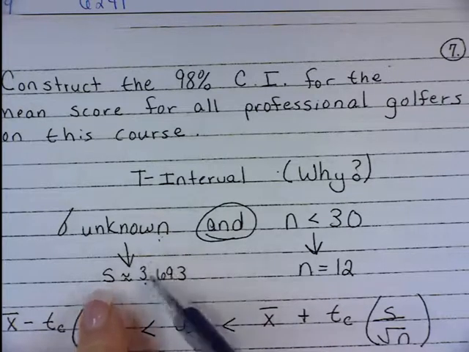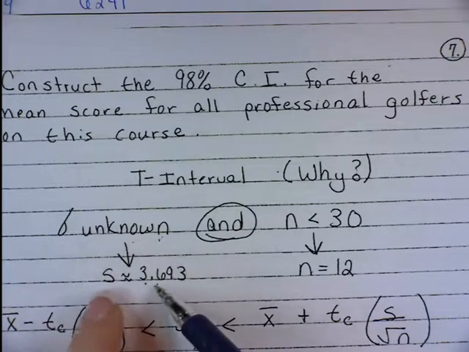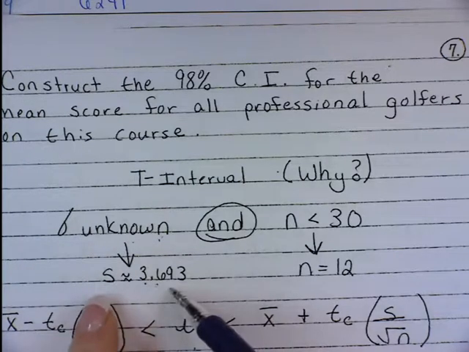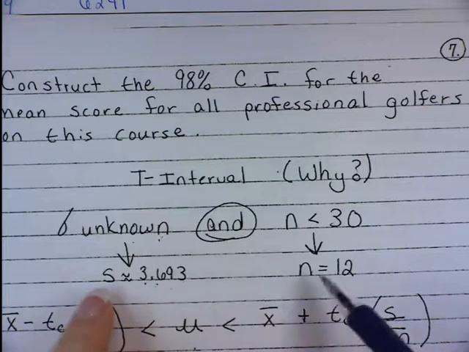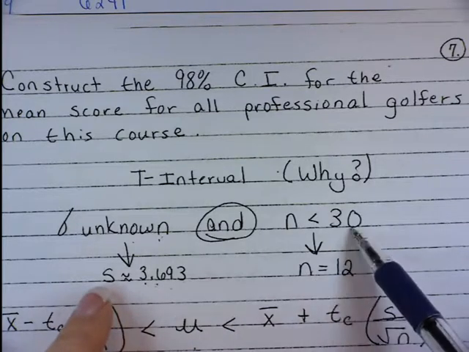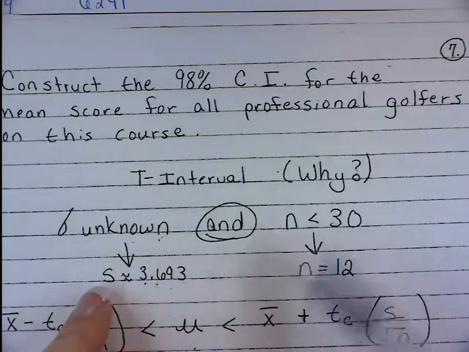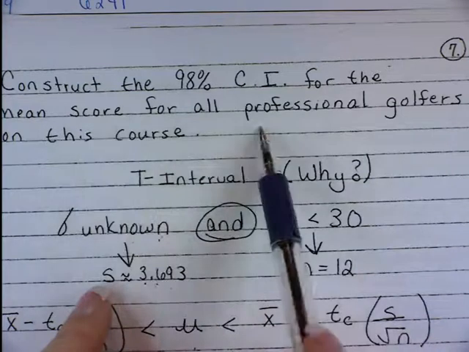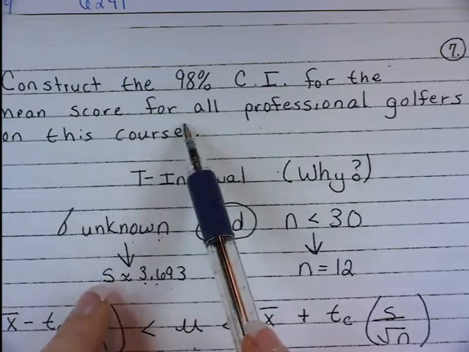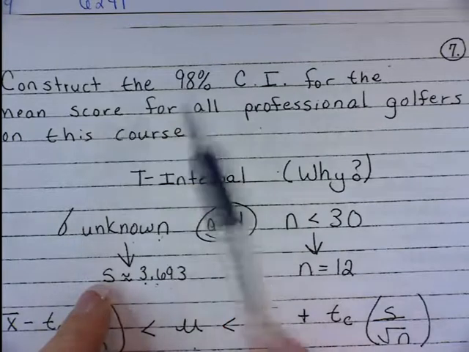They did not tell us the population standard deviation. We had to find the sample standard deviation from the raw data. And n is only 12 golfers, 12 scores, so n is less than 30. Both conditions are satisfied, so this is a T interval for the true mean score of all golfers. A 98% T interval for the mean, and it's a raw data problem.